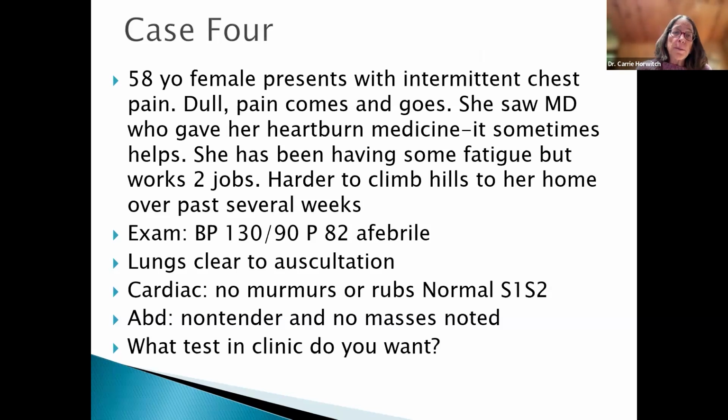She works 2 jobs and has to climb hills to her home, and notes that over the past several weeks, it's gotten a little harder. Blood pressure is elevated at 130/90. The pulse is 82. The lungs did not show any abnormality, and the cardiac exam was not normal. So let's go to the next slide.